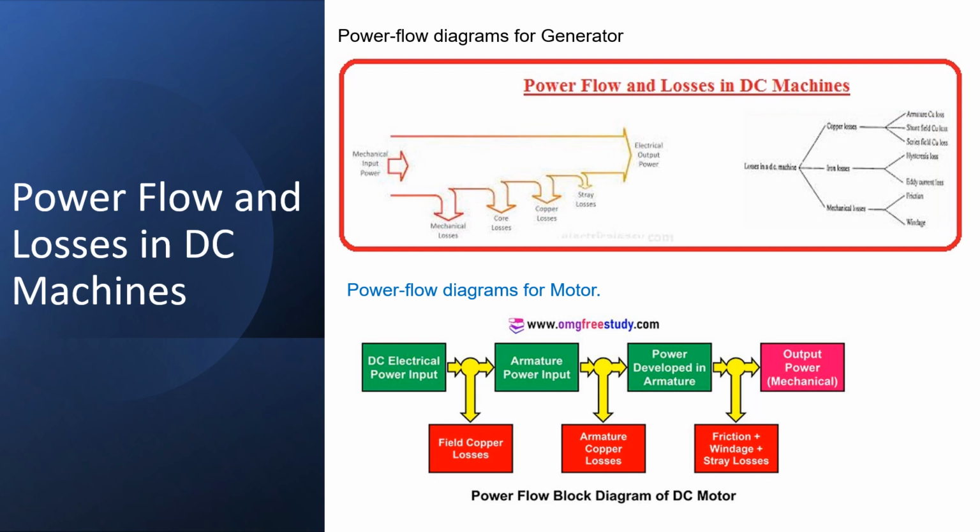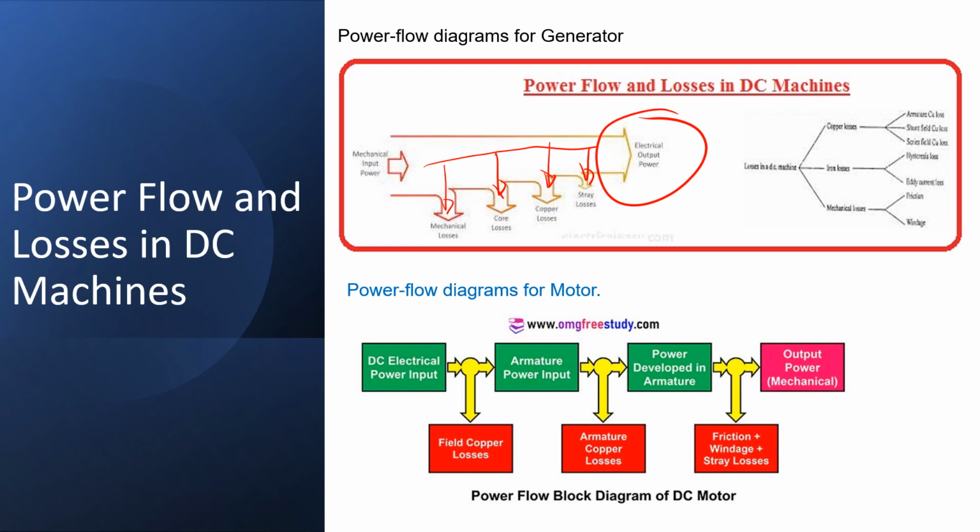Then we have the mechanical loss, core loss, copper loss, and stray losses. Then we have the electrical output power. For the power flow diagram of the motor, we have DC electrical input and field copper loss.